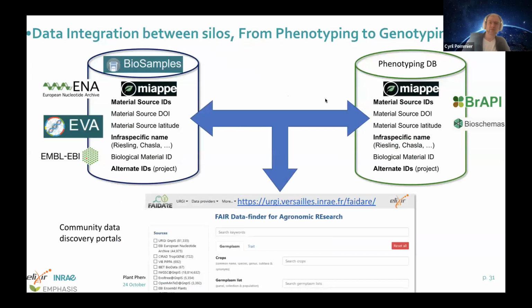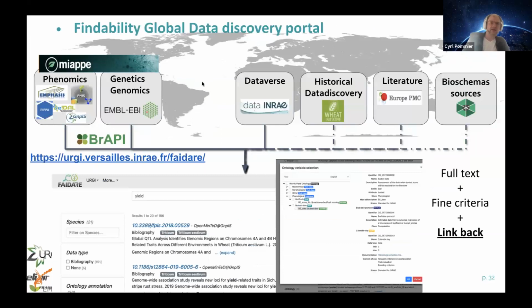To do so, the MIAPPE standard, though initially dedicated to plant phenotyping, has been embedded within biosample at EBI, so therefore available for sequence data and variation data to identify the material source used both in genotyping data and phenotyping data, hence enabling both integration and discoverability in community data discovery portals such as FAIDARE. FAIDARE provides a findability global data discovery portal.